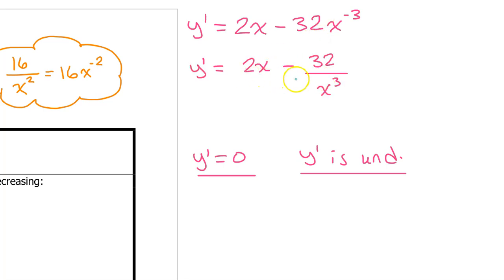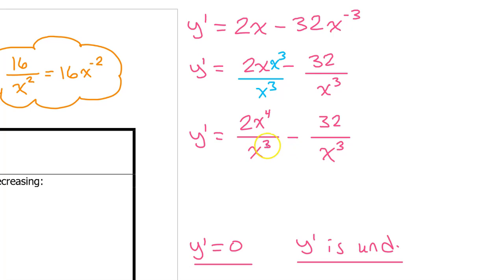To combine these into a single fraction, we need like denominators. So let's multiply by x to the third power over x to the third power. Now that we have like denominators, we can combine these into one fraction over the common denominator.